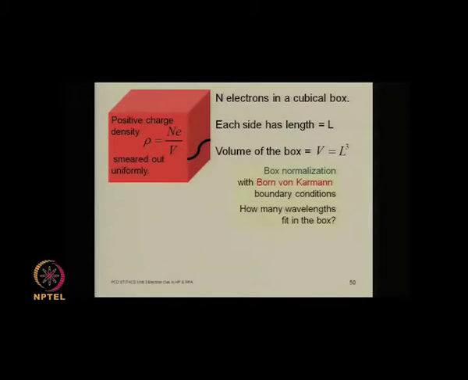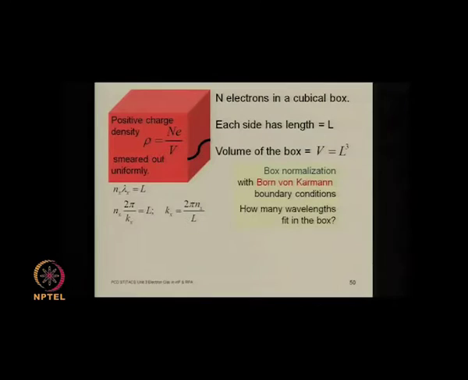Now, we will use the box normalization condition, and we can easily determine how many wavelengths will fit into the box. Here I have a picture of just one wavelength fitting into the box, but a certain integral number of wavelengths can fit into the box, and this gives you the quantization of the wave vector. This condition tells you that k must be 2 pi times n over L, and this is for the dimension x.